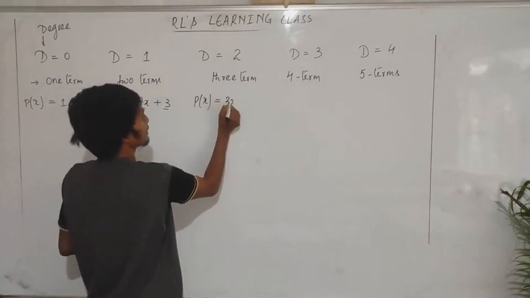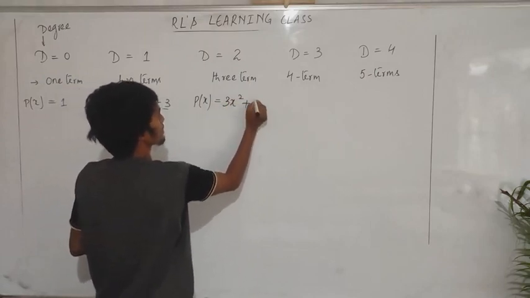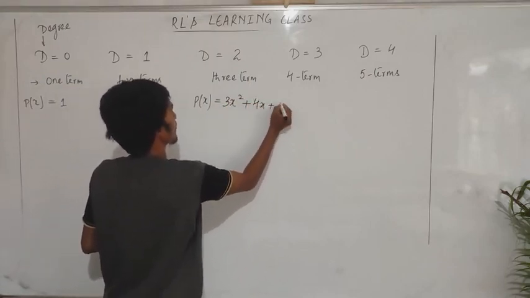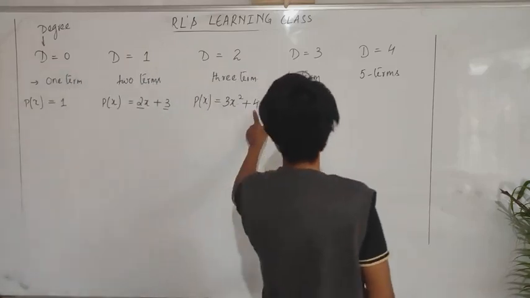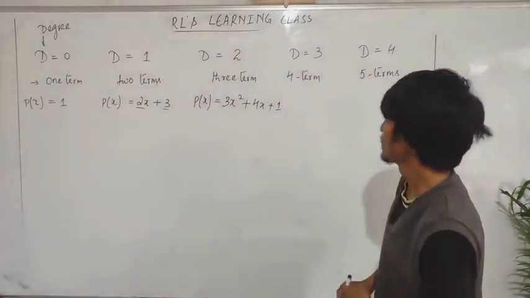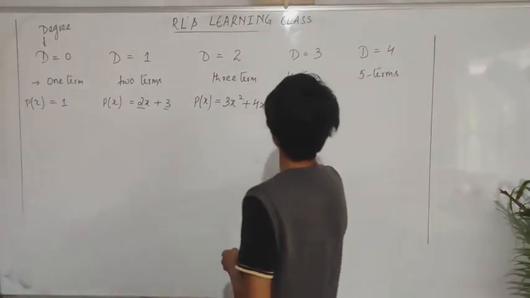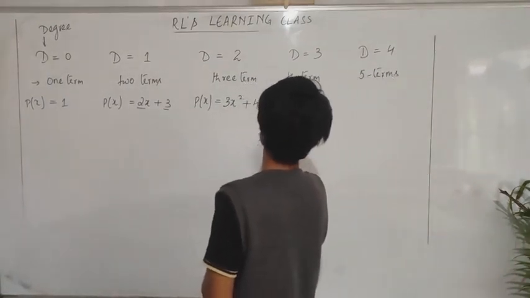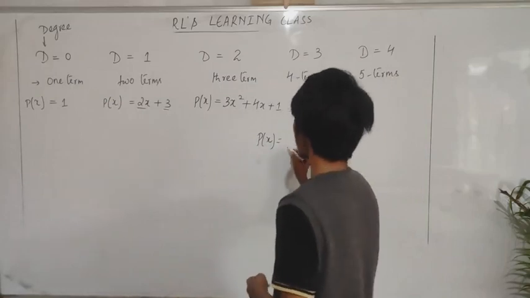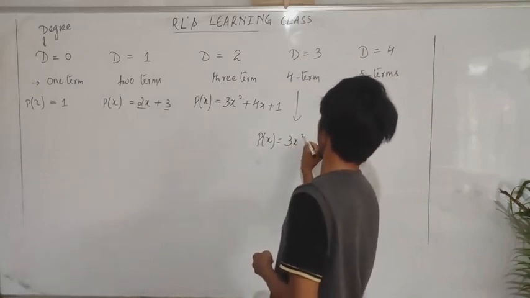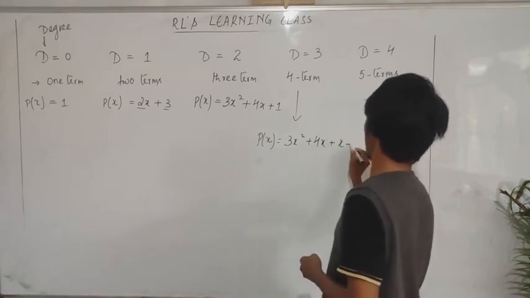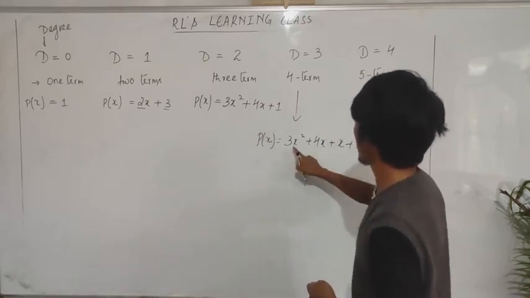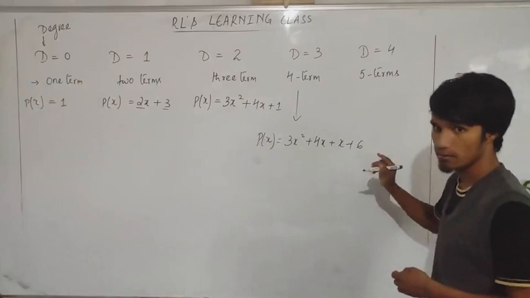I can write here 3x squared plus 4x plus 1. Now here how many terms? 1, 2, 3. Then here will be 4 terms, P of x, example, 3x cubed plus x squared plus 4x plus 6. How many terms? 1, 2, 3, 4.